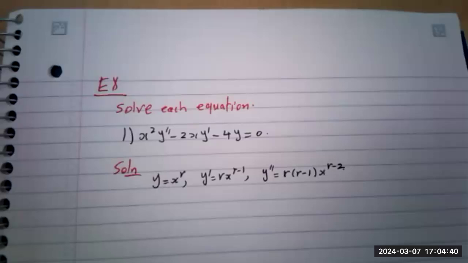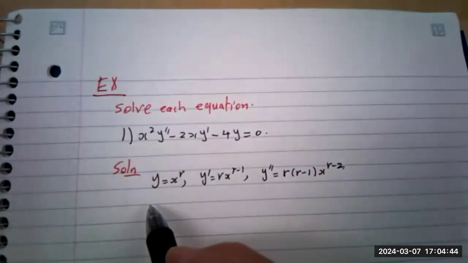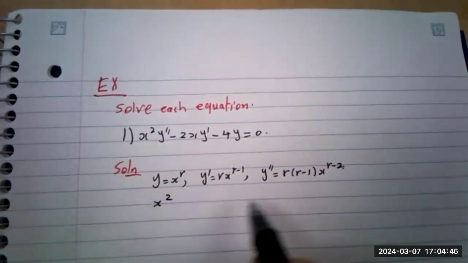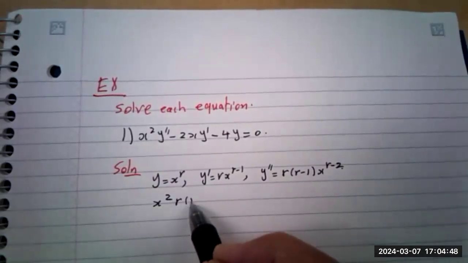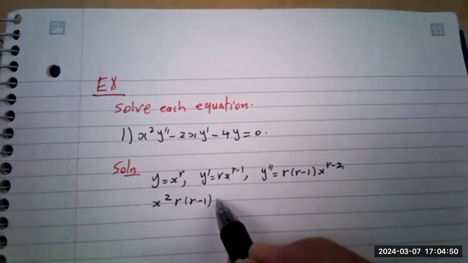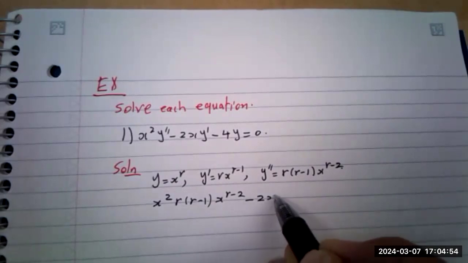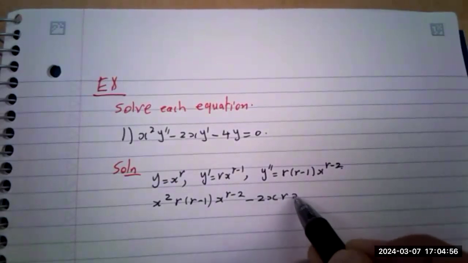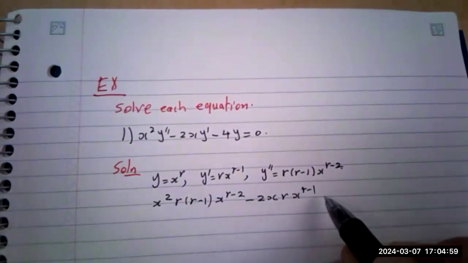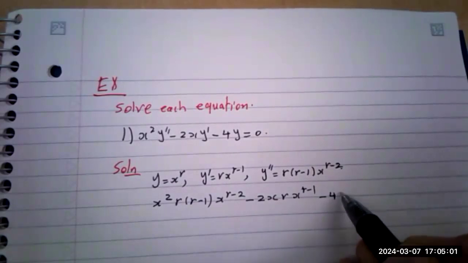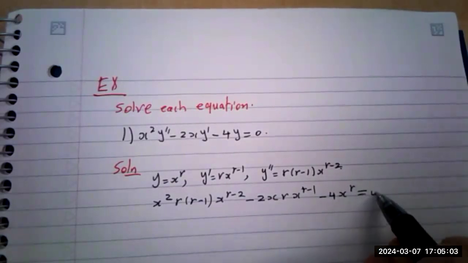Drop it into the equation. That gives me x squared times r times r minus 1 x to the r minus 2, minus 2x times r x to the r minus 1, minus 4y, x to the r, equal to 0.